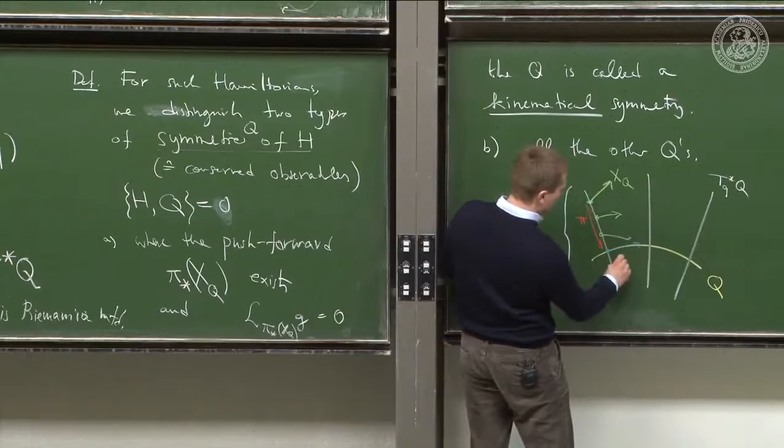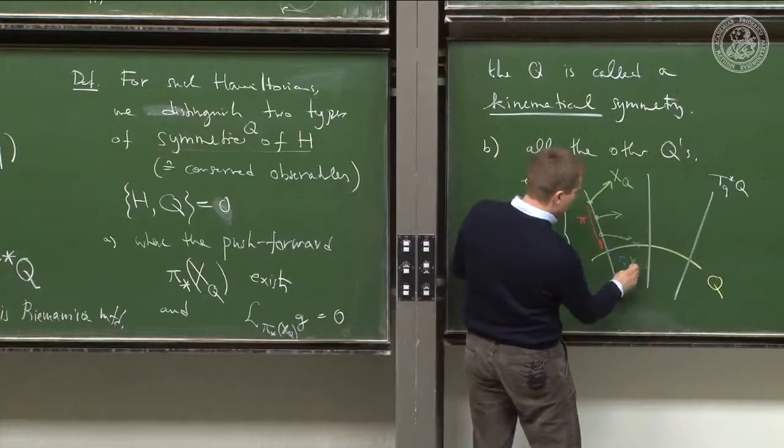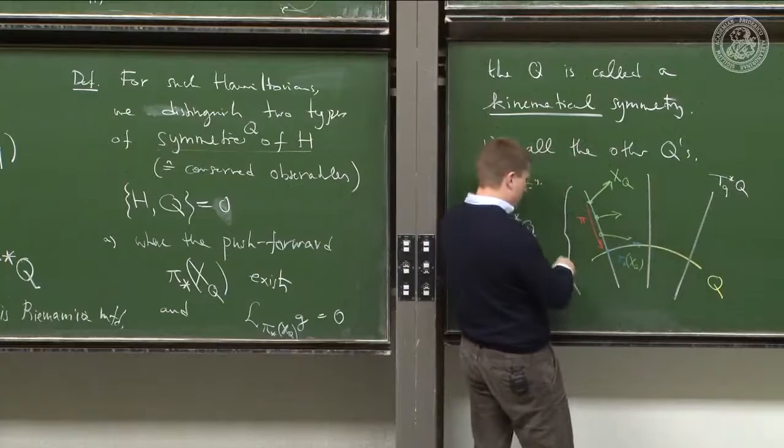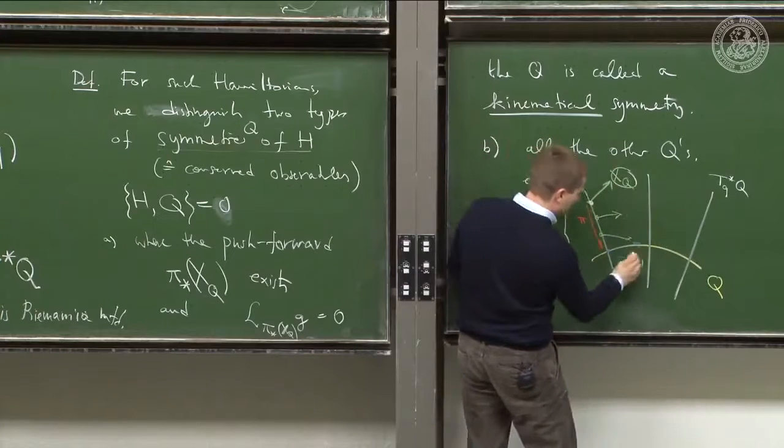So say the blue one is the push forward of this green one up here, namely the one at this point here, so this particular vector.